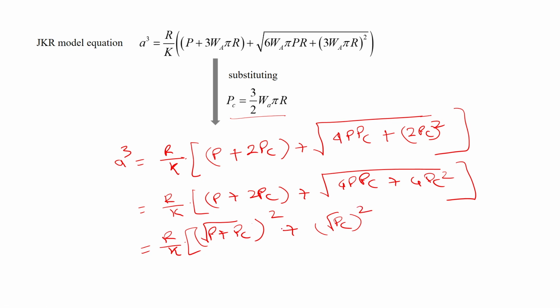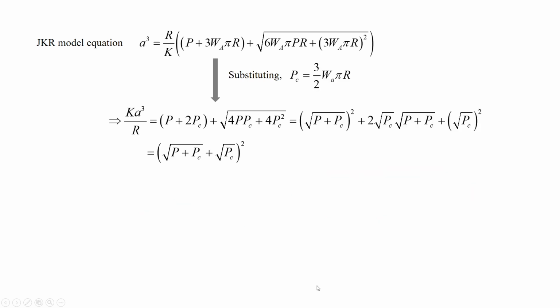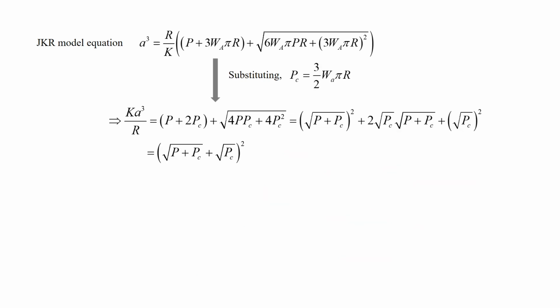So, this becomes this, and this is 2 here and square root of Pc, and square root of this is P plus Pc. So, therefore, this quantity will be written as R by K and here it is the square root of P plus Pc plus the square root of Pc, and square here. So, that way it has been written.